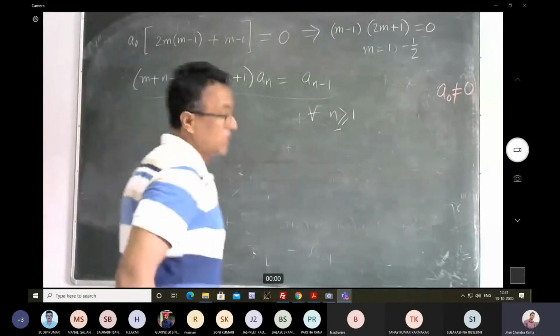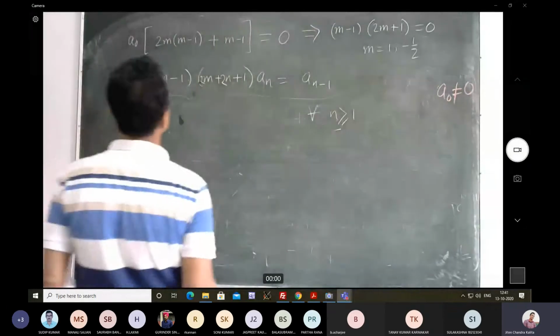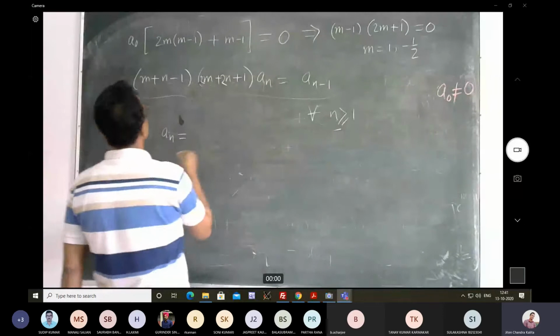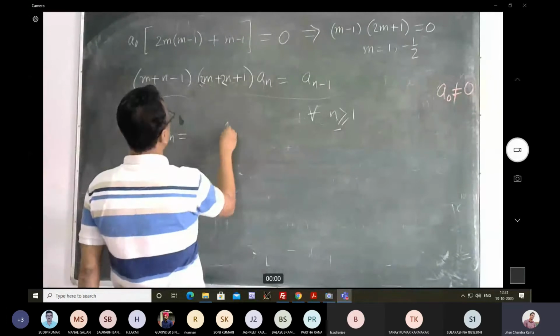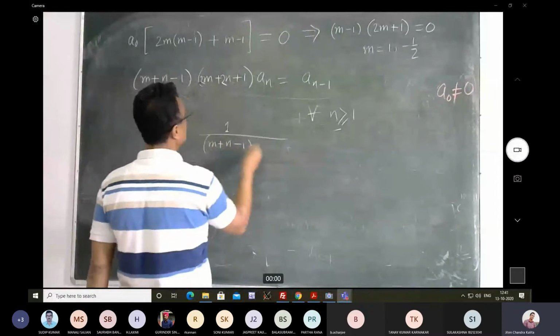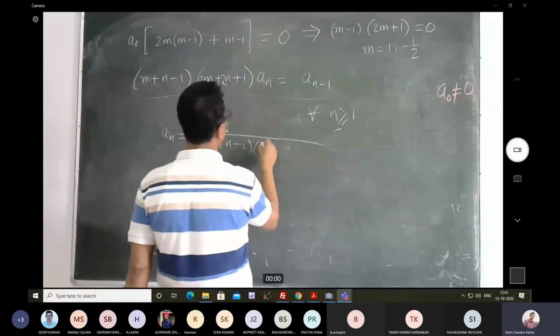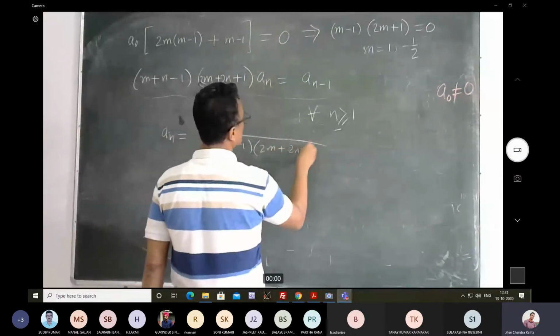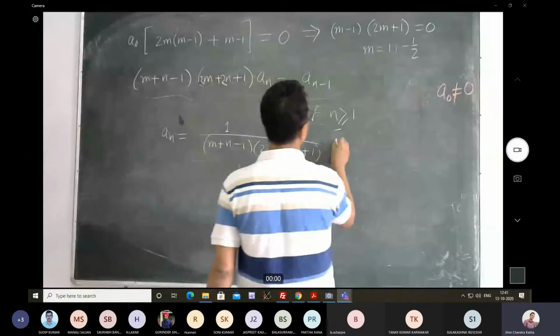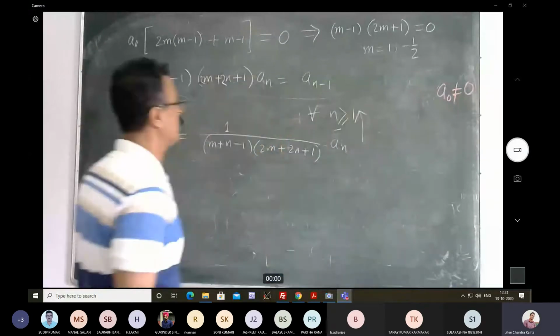Okay, fine. So now this has given me a recurrence formula. So basically an equals 1 by n plus n minus 1 and 2m plus 2n plus 1 an minus 1, and of course this is for n greater than or equal to 1.